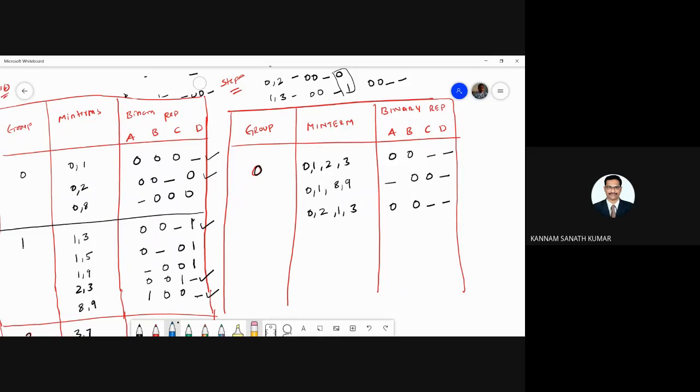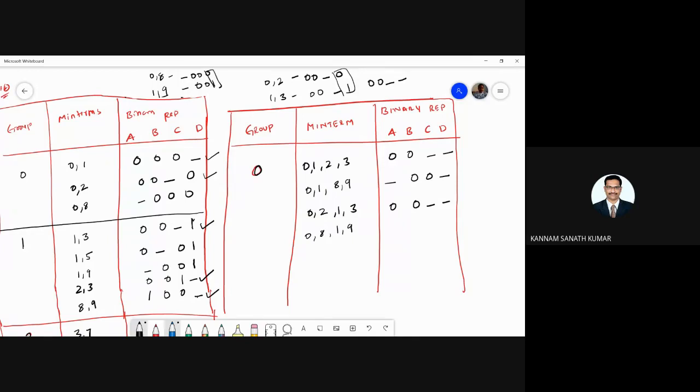Next, if you see 0, 8 and 1, 9. So what is 0, 8? 0, 8 is dash 0, 0, 0. 1, 9 is dash 0, 0, 1.